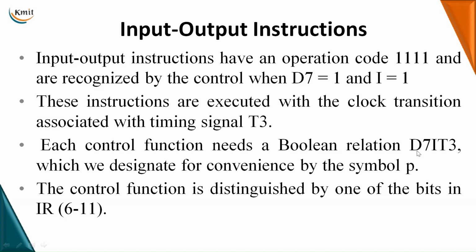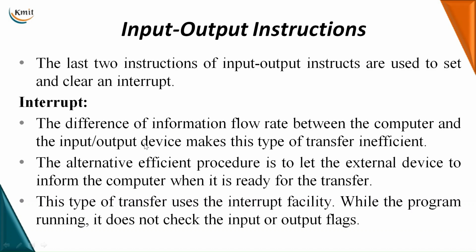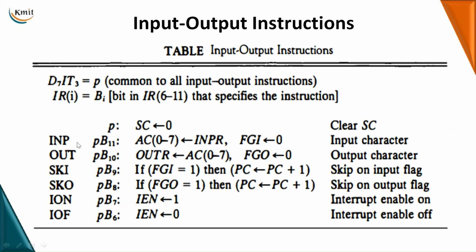The Boolean relation is D7 I T3. In case of register reference, the Boolean relation is D7 I' T3. This is represented by the symbol P. If you look at the set of input output instructions, these are the list of input output instructions. Among this list, the last two instructions are based on the concept of interrupts.